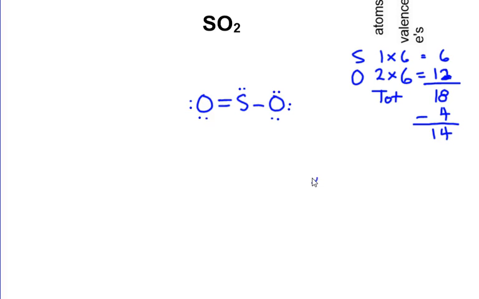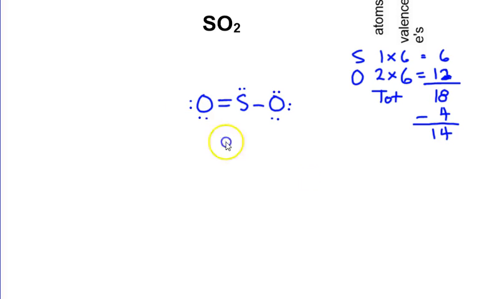Now, and only now, can we say, what is it going to be? Is it going to be bent? Does it have unshared pairs on the central atom? It does. It doesn't have to be 2 like you see in the model that I'm holding up. But this guy doesn't have any, and that made him linear.